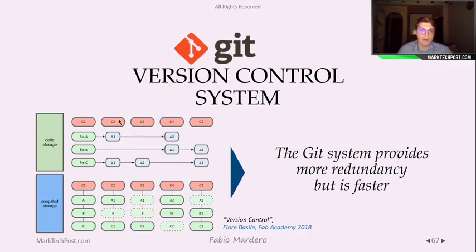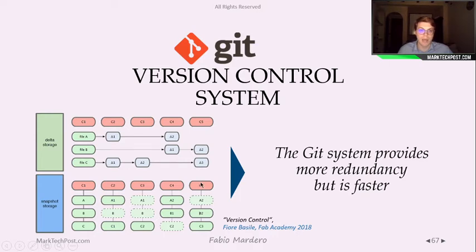Because if we are in C5 and we want to compare what's inside those 3 files with respect to the C1 stage, with deltas we have to work moving back by differences.